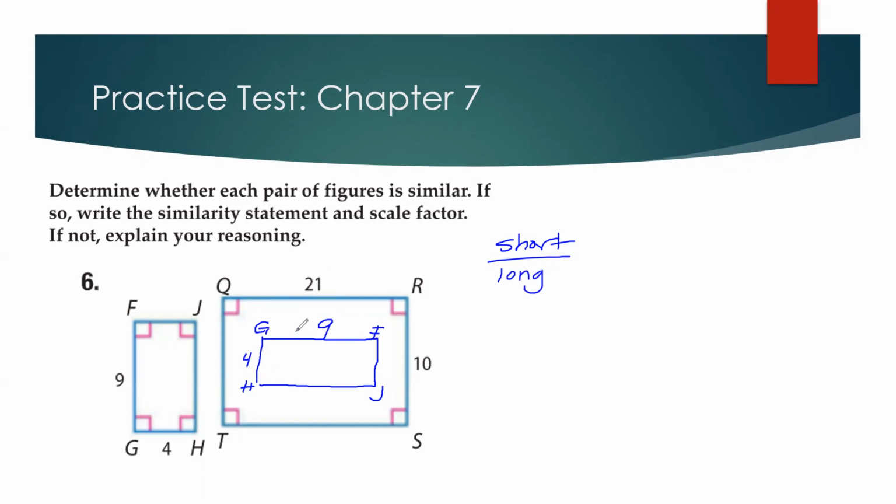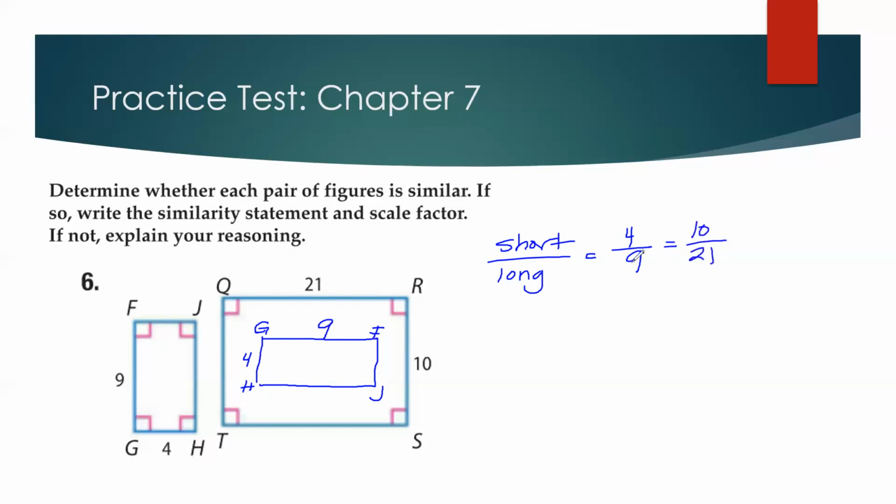So for the first rectangle, I have the shorter side is equal to 4, and the longer side is equal to 9. And we're trying to figure out if that is proportional to this rectangle, the larger one. So on the larger rectangle, the shorter side is 10, and the longer side is 21.